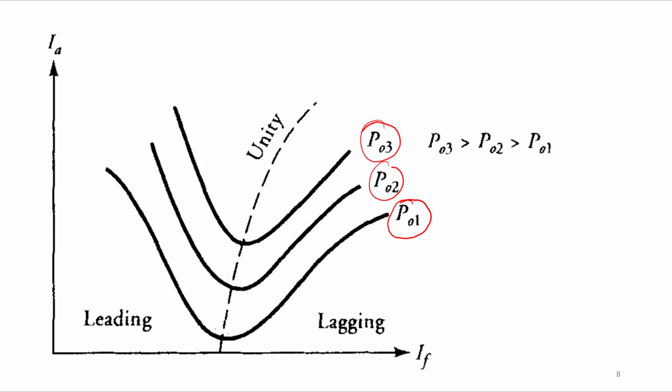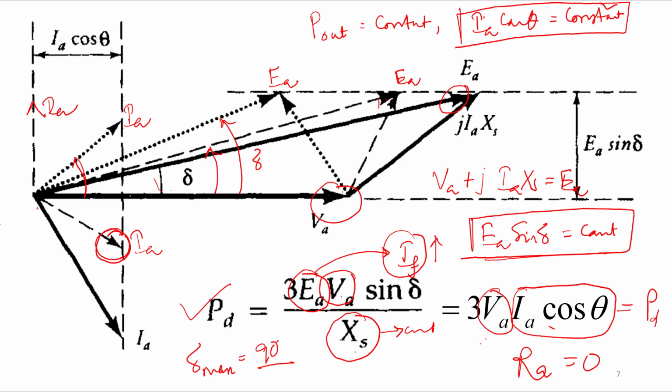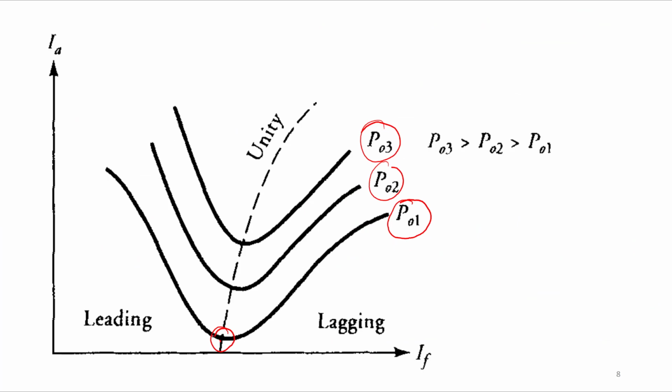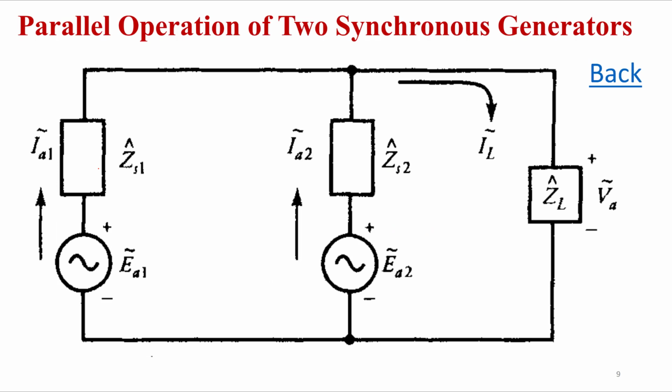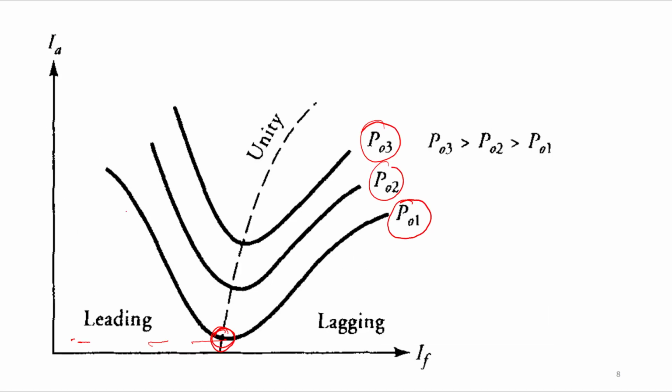At unity power factor, IA will become minimum, because here we can see at unity power factor your IA will be here and this is the minimum value of IA, right? Therefore, at unity power factor IA will become minimum, and then under leading and lagging conditions IA will increase gradually.